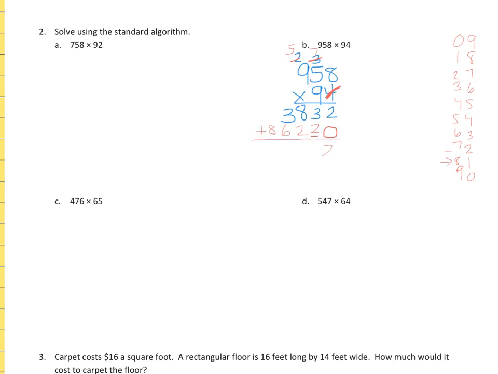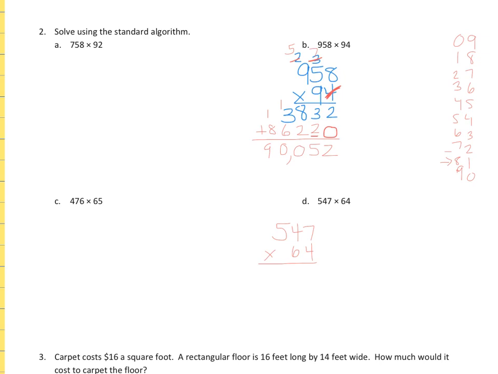You get 2 ones, 5 tens, 10 hundreds, which means you do your 0, and then you have to regroup and bring 1 up on top. 6 plus 3, that's 9, plus 1 more is 10. So bring your 1 over to the 10 thousands, 0 down in the thousands, and then 1 plus 8 is 9. So our answer is 90,052.